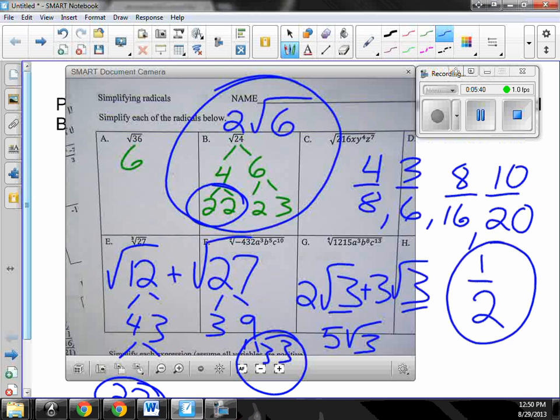You might not know the answer to this one. Okay, what do you mean by balanced? How does root 24 balance with 2 root 6? Because that's a good way to look at it. Yeah, I'll answer that in a second. Let's look at the next one.